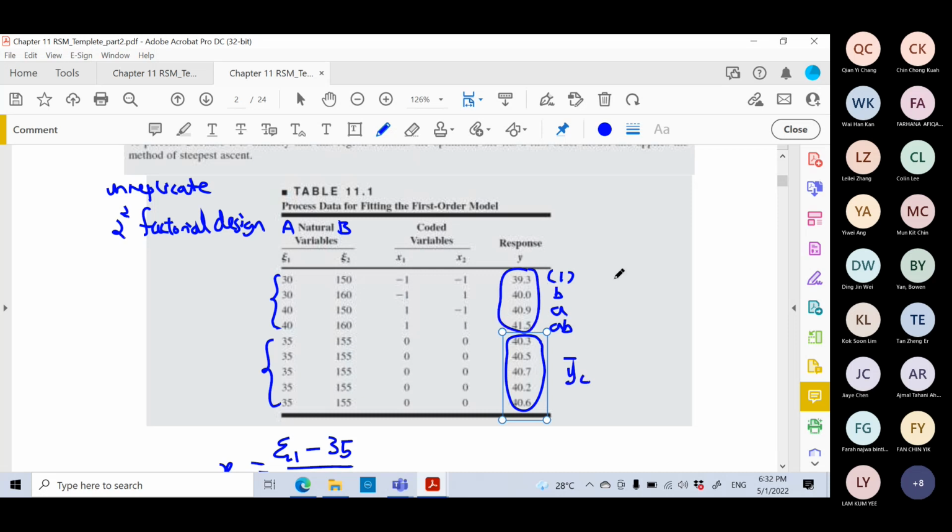This part will be the mean for the factorial points. Then the number of factorial points will be equal to 4, and the number of center points will equal 5. So these are the 4 pieces of information if you want to calculate the pure quadratic effects here.